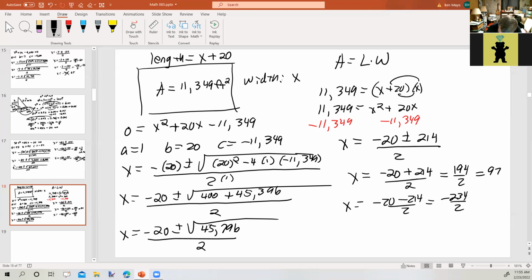Divided by 2 is negative 117. And again, we're going to eliminate that answer because the distance can't be negative. Okay. So we've got the width is 97 feet. The length is 97 plus 20, which would be 117 feet.